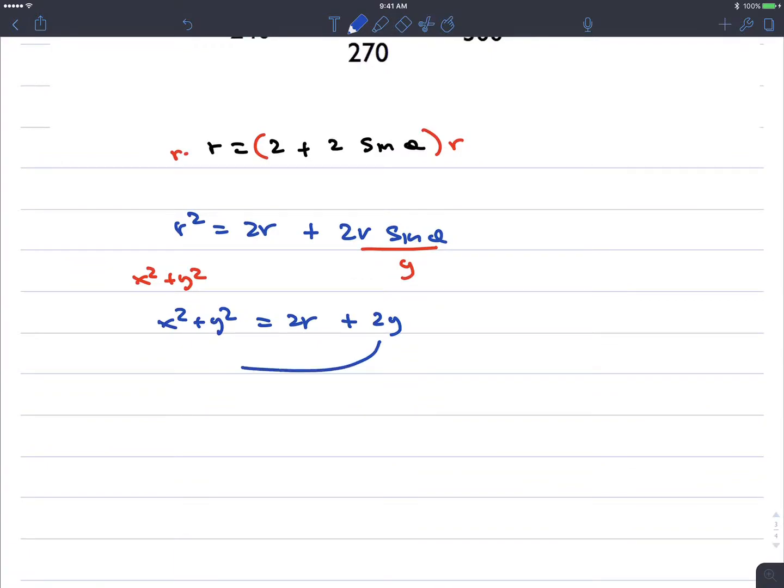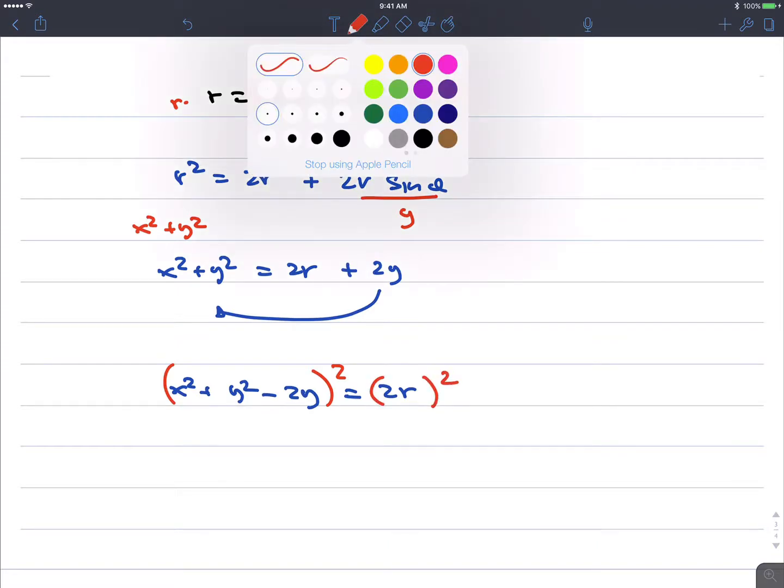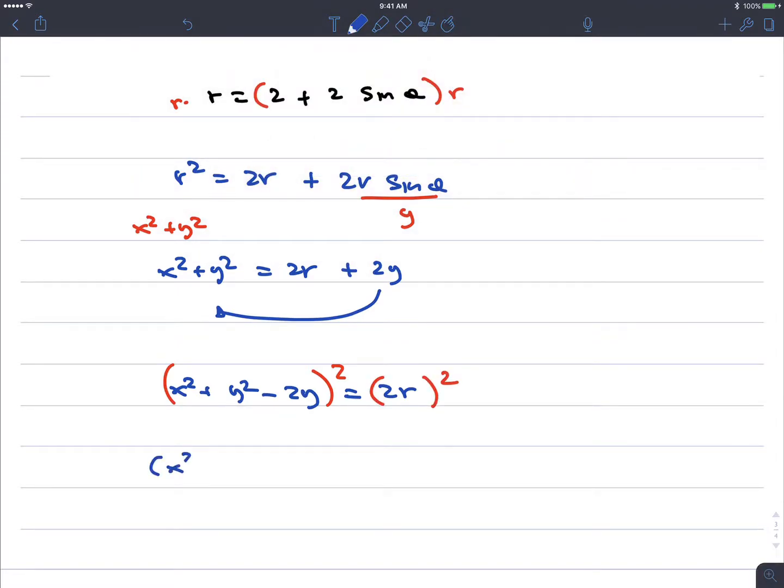And move the 2y to the other side. You'll get x squared plus y squared minus 2y is actually 2r. And what you can also do is do this process again. Square both sides here. The left, just leave it alone.